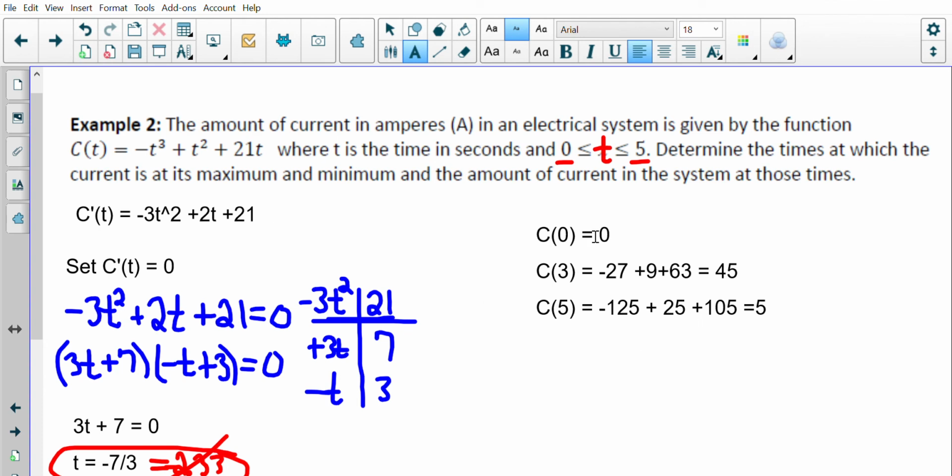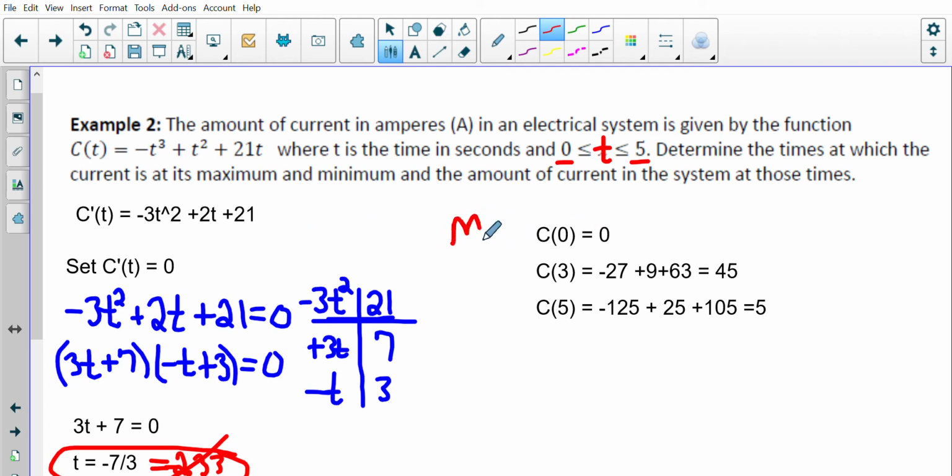All right, so we've got our values, and clearly 0 is the lowest. The minimum, there's our min, is 0 current at t equals 0. And then our max is 45 amps of current when t equals 3.